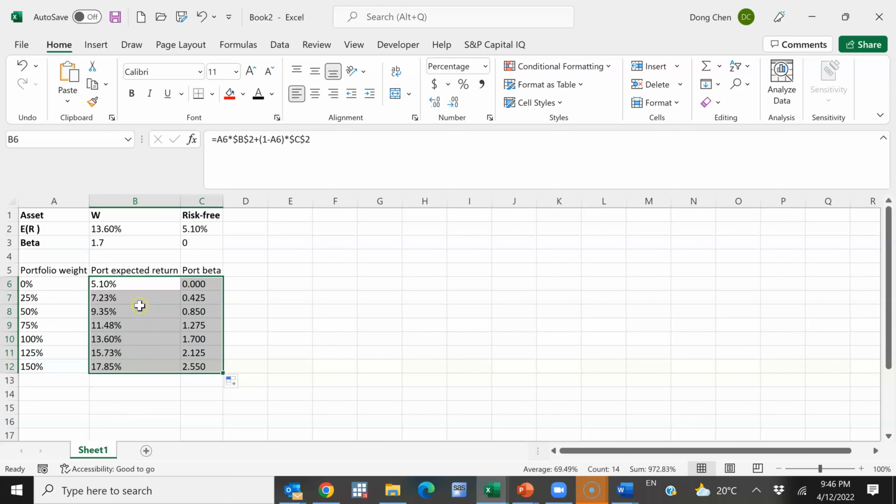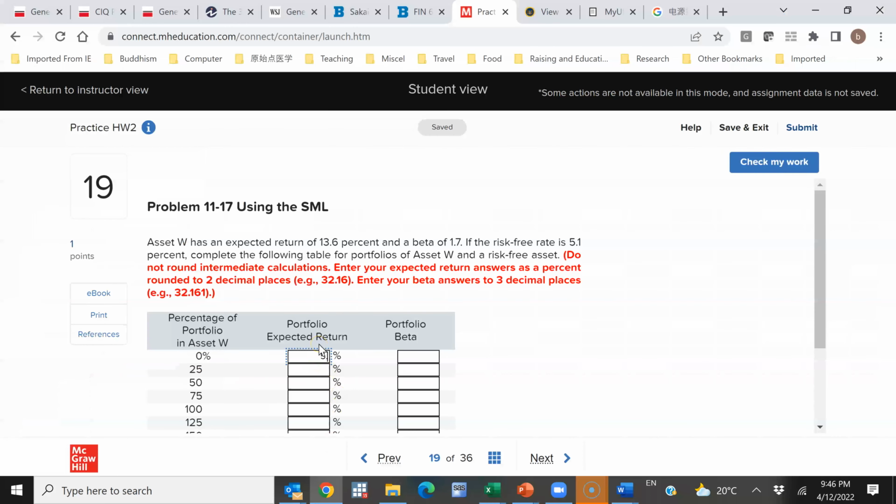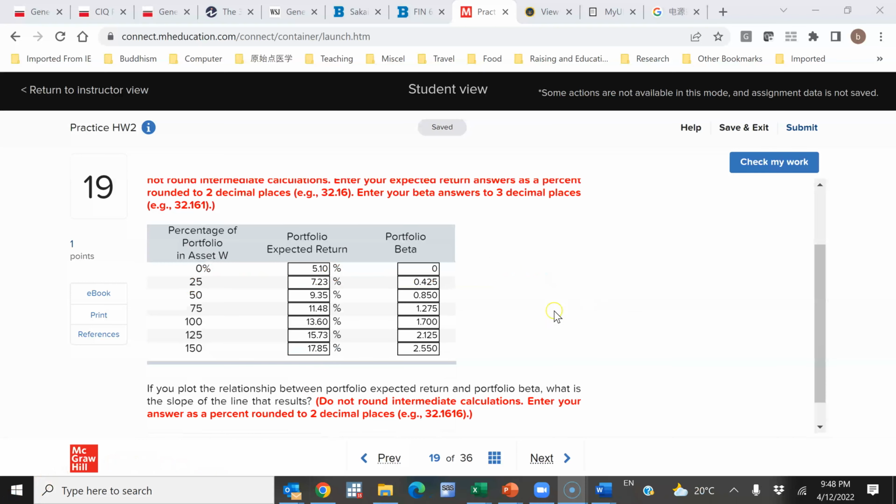And now you can see Excel will automatically calculate the expected return of the portfolio and the beta of the portfolio for me. So I can just copy the numbers back. This might take a while. Okay, so I'm done copying all those numbers back to Connect.